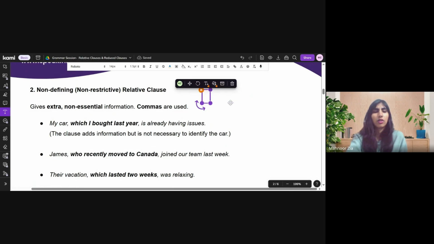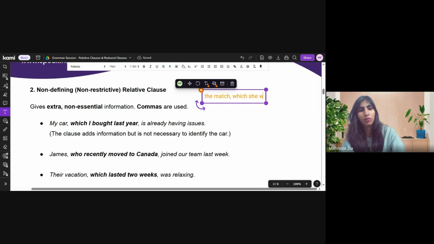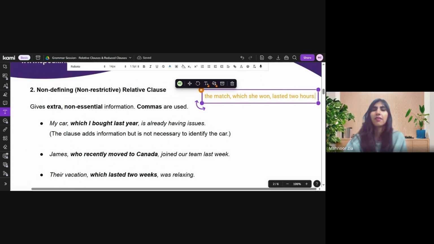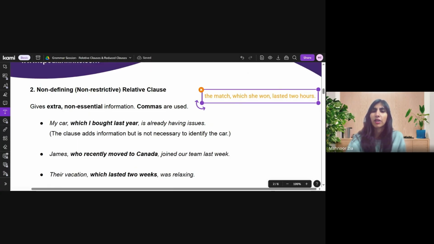Similar to, let's say, the match which she won lasted 2 hours. If you take out the commas, then it becomes a simple relative clause sentence. It becomes restrictive. If you put in the commas, it becomes non-restrictive. The only difference is the commas.